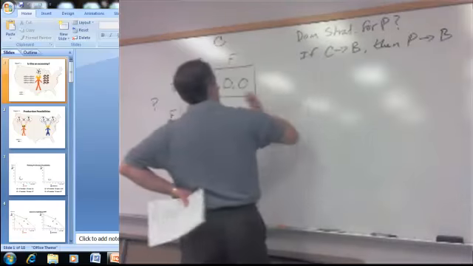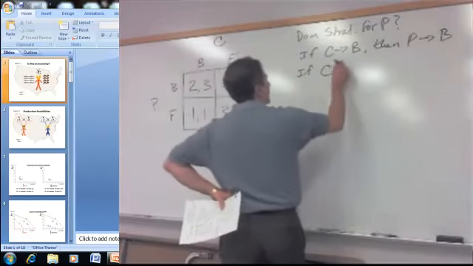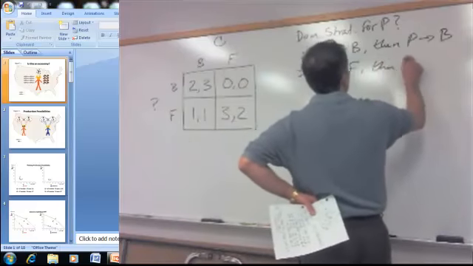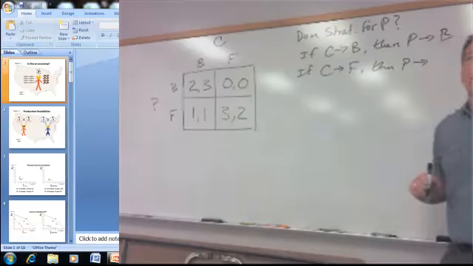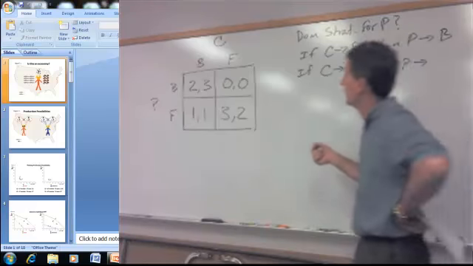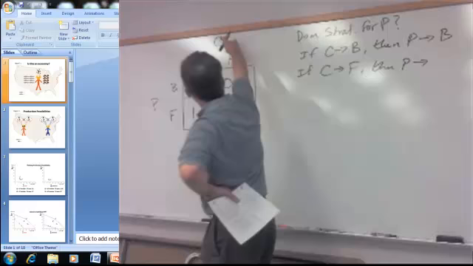Then we ask ourselves the other question, what if Chris does the other thing? If Chris chooses the fights, then Pat should choose the fights. Dominant strategy? No. There's no dominant strategy. So check it out.